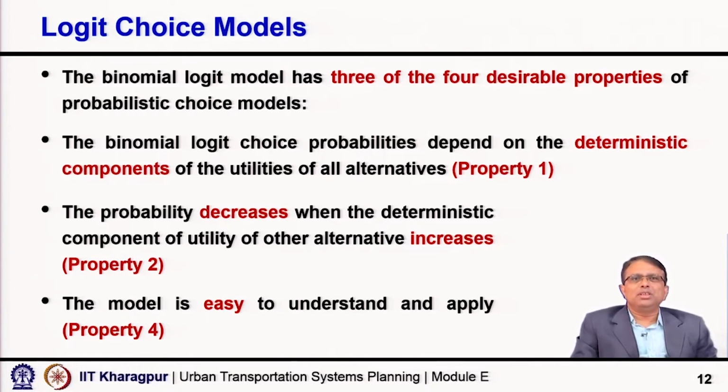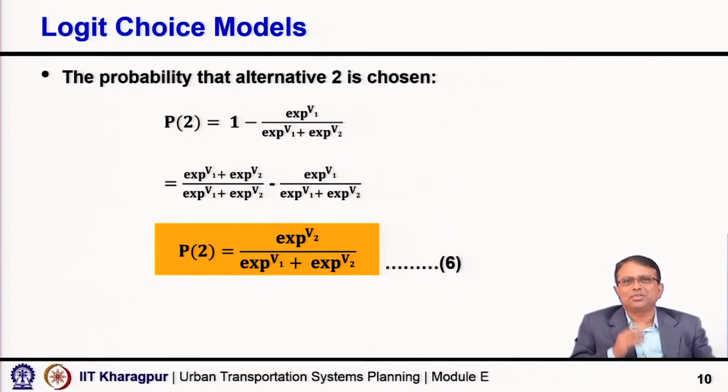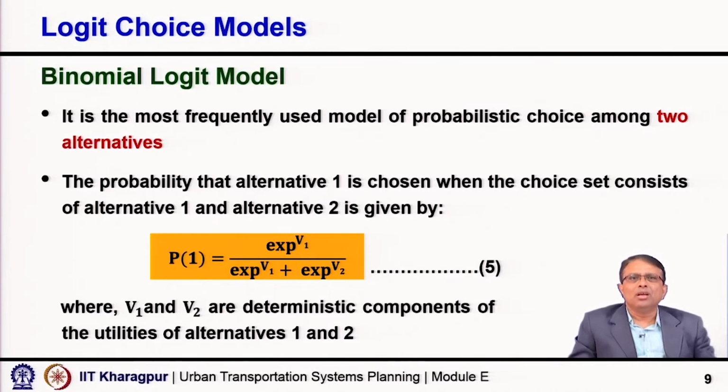The probability decreases when the deterministic component of the utility of the other alternative increases. Go back and simply see this equation. Suppose v1 increases, so the probability of choosing that alternative increases. The utility of alternative 1 increases, naturally e to the power v1 will increase, so overall the probability of choosing 1 will increase.